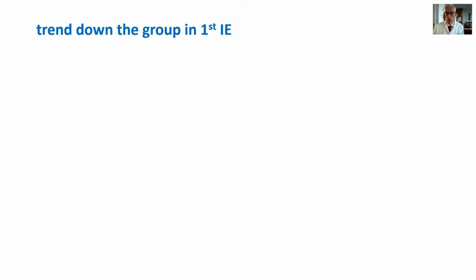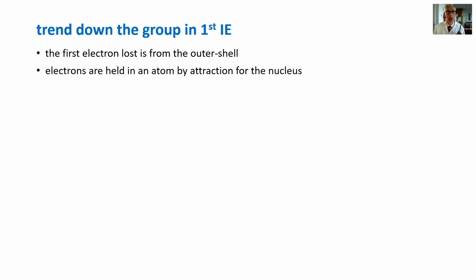So what is the trend in the first ionization energy down a group in the periodic table? Well, our basic starting points are that the first electron lost in first ionization is from the outer shell, and that the reason energy is required to remove an electron from the outer shell is that there's an attraction between the nucleus and that electron, or those electrons.